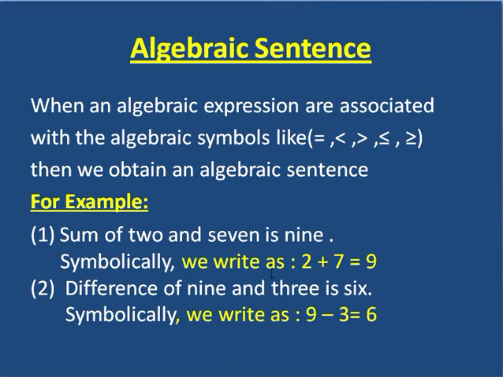Symbolically, in the form of symbols, we write 2, for sum we use plus, 7 equal to 9. So the sum of 2 and 7 is 9. Symbolically we write 2 plus 7 equal to 9.